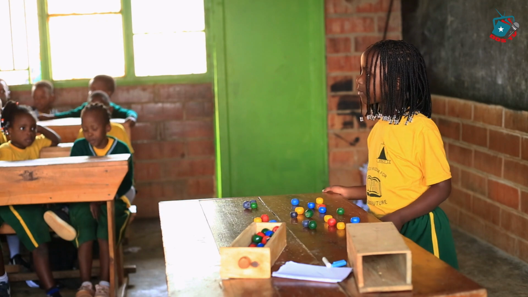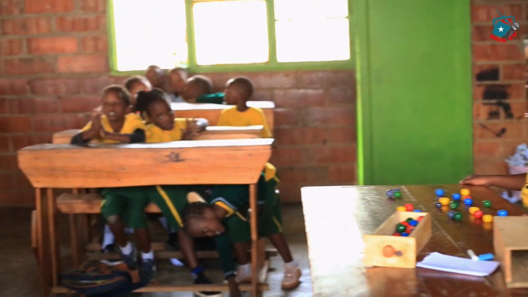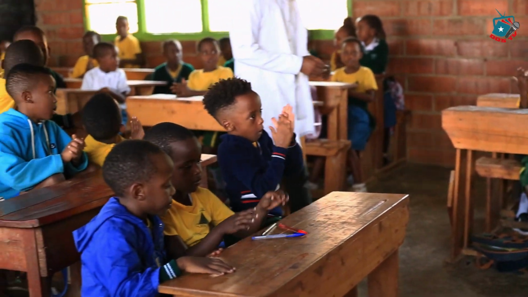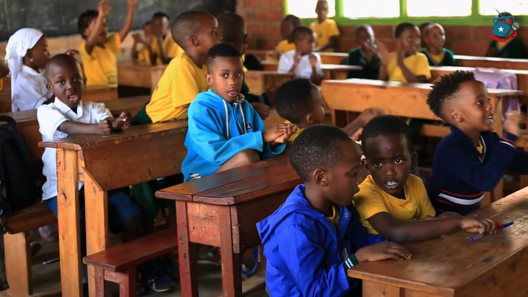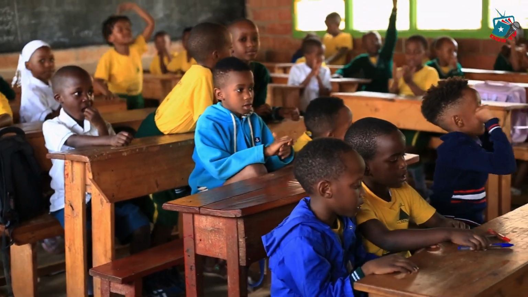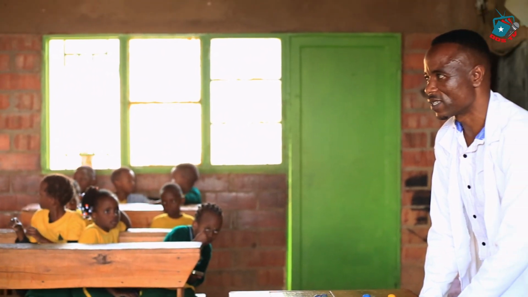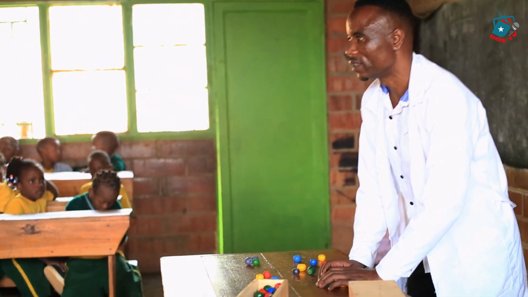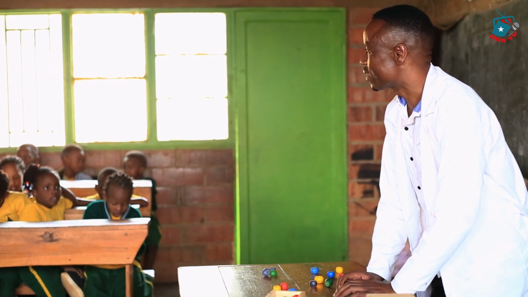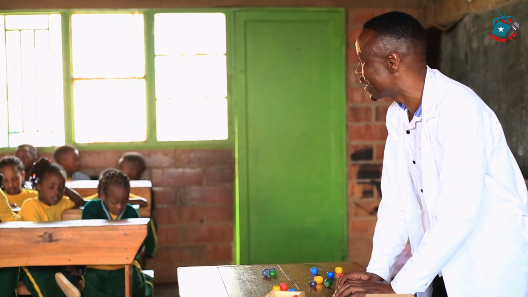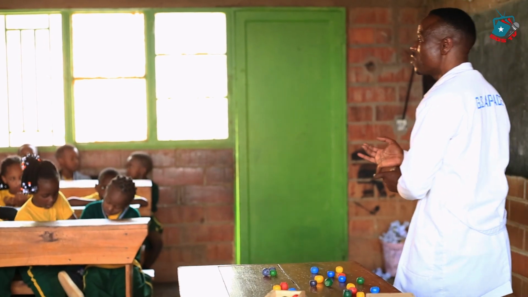Good. Clap for her. 1, 2, 3, 4. Thank you very much. It means that 3 times 7 equals how many? 21.